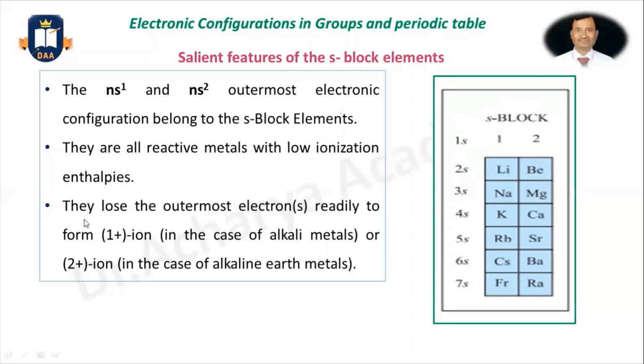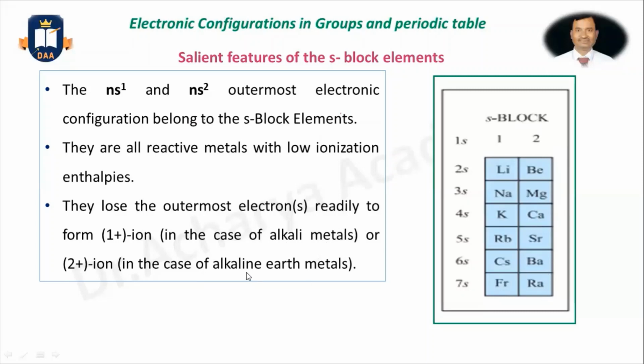That means these elements are ready to lose the outermost electrons to form singly charged +1 ions for group 1 alkali metals, or doubly positively charged ions for group 2 elements.